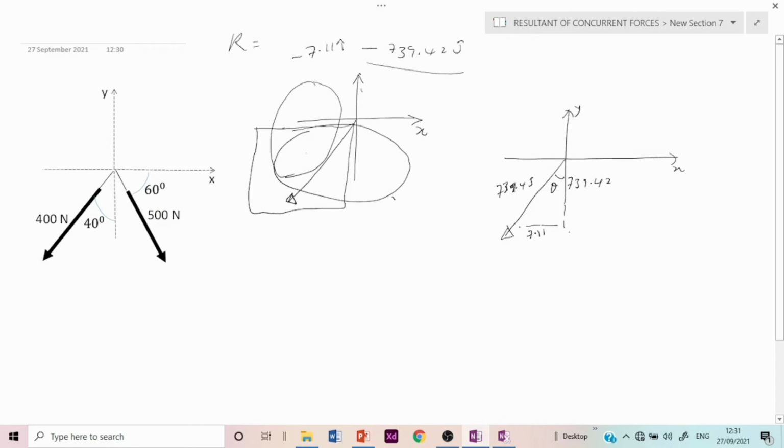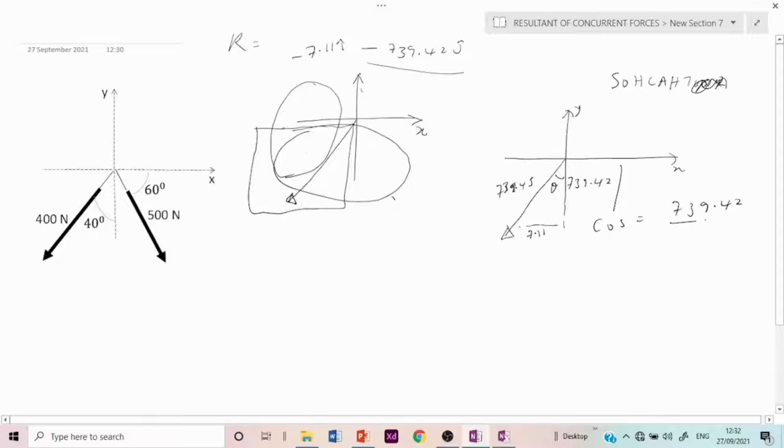And to find theta, you can use any of your three relationships. So let's quickly take cos. Cosine of an angle is equal to adjacent, which is the side adjacent to the angle, 739.42, divided by the hypotenuse, 739.45.